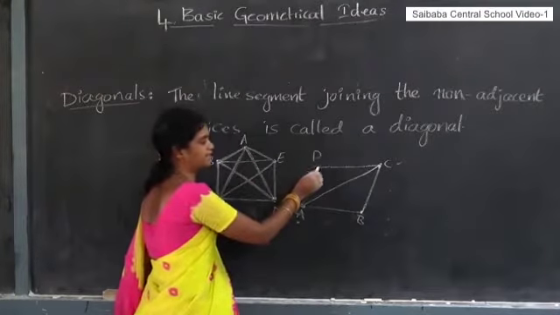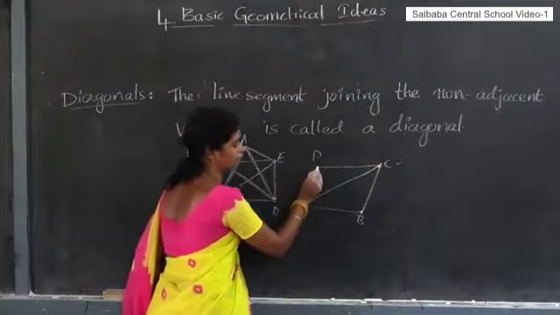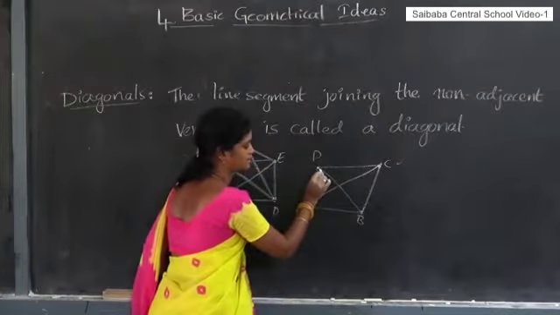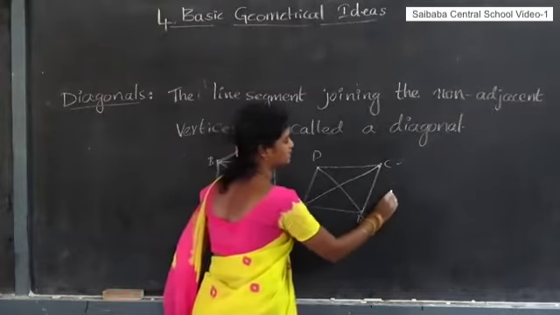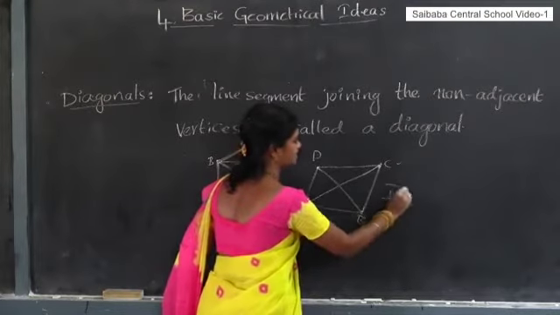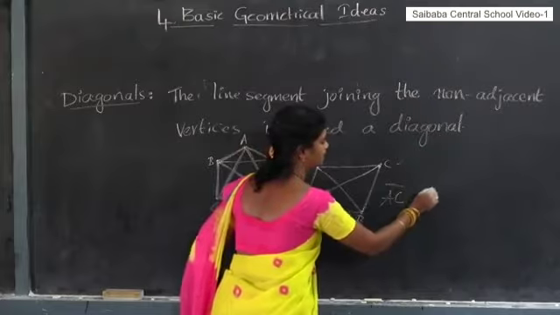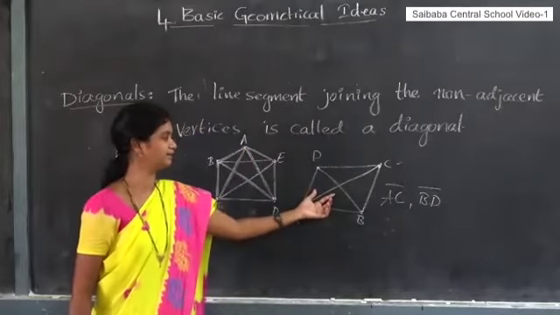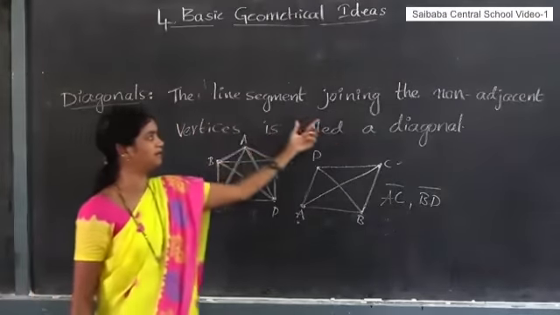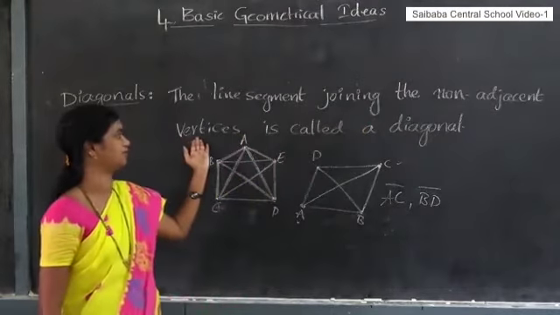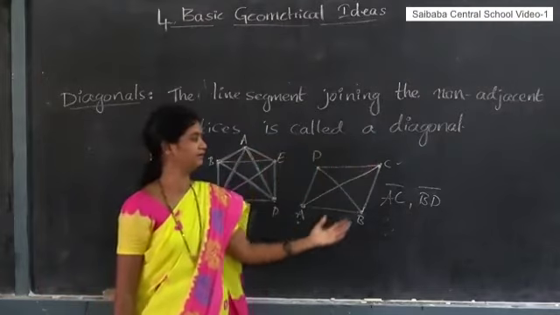The non-adjacent vertex is D. If you join B with D, this is called the diagonal. What are the two diagonals in this quadrilateral? AC and BD. So what is a diagonal? The line segment joining the non-adjacent vertices is called the diagonal.